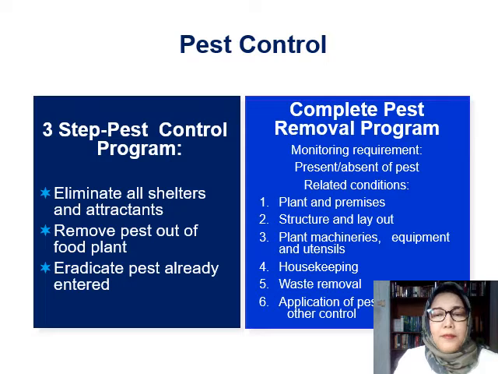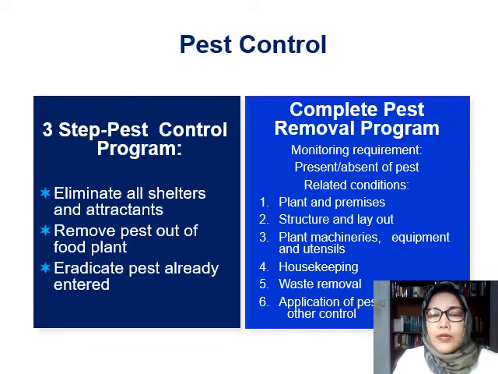Pest control program in food industry can be done in a three-step pest control program, which consists of eliminating all shedders and attractants, removing pests out of food plant, and eradicating pests already entered the food plant.